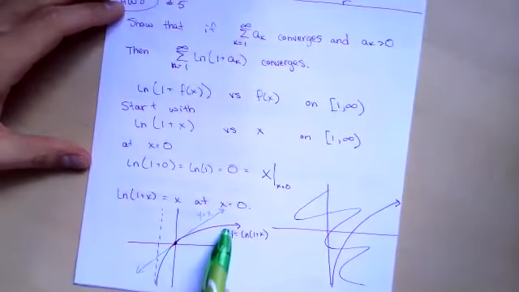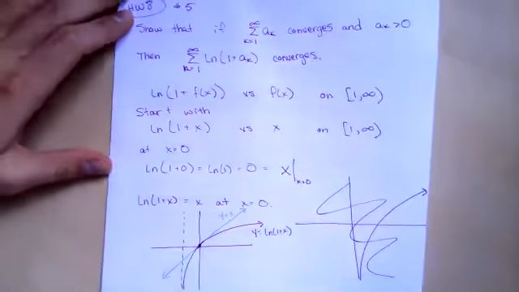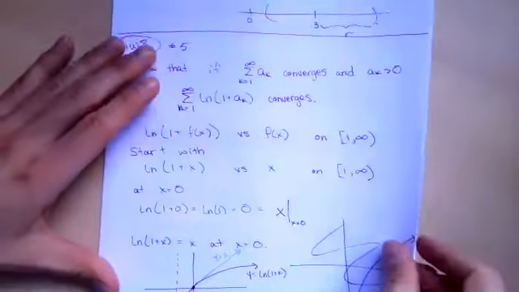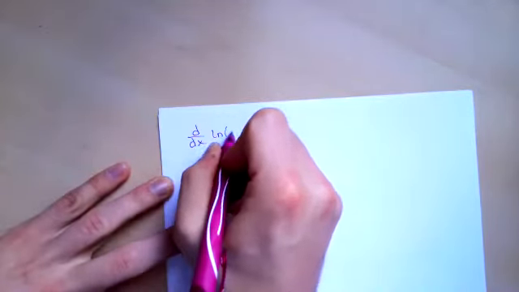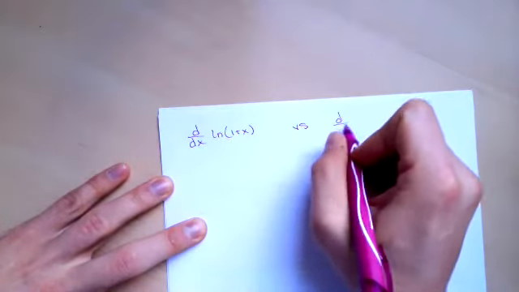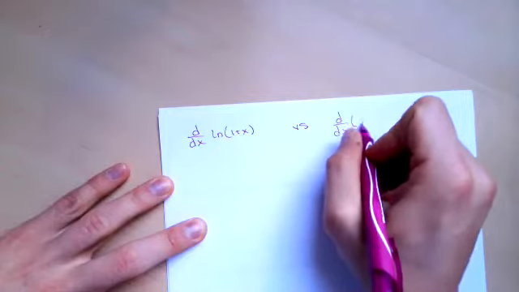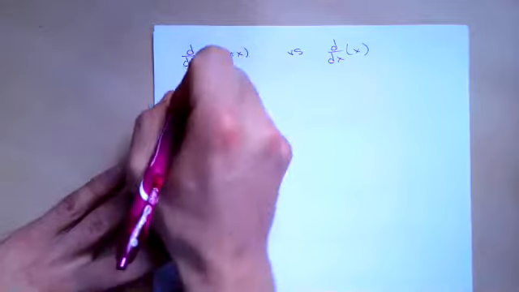What's going on? Well, natural log should grow a lot more slowly than y equals x. Namely, if I take a derivative of those two functions, what are we comparing?